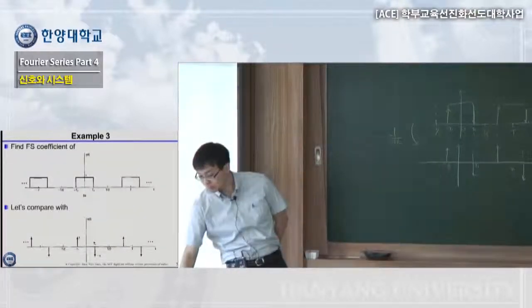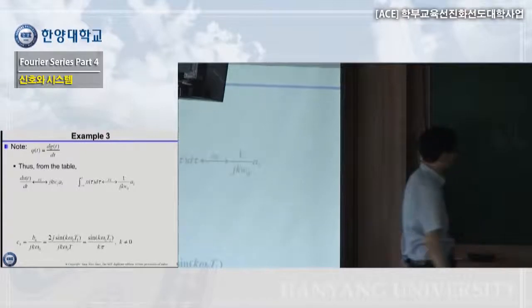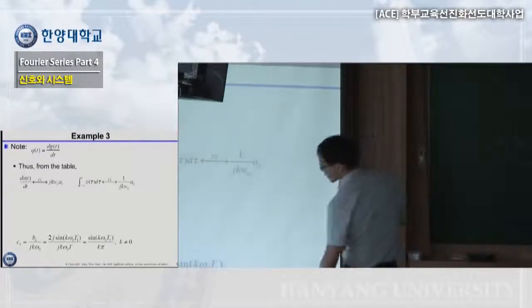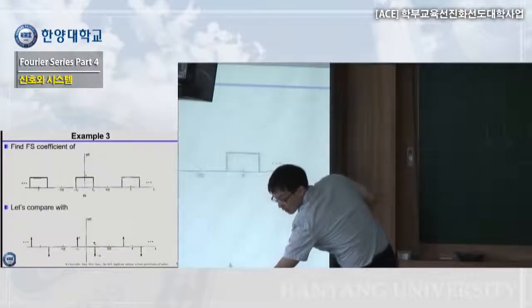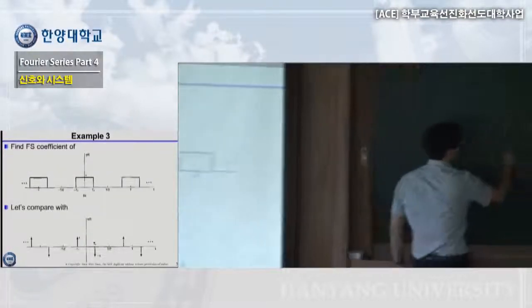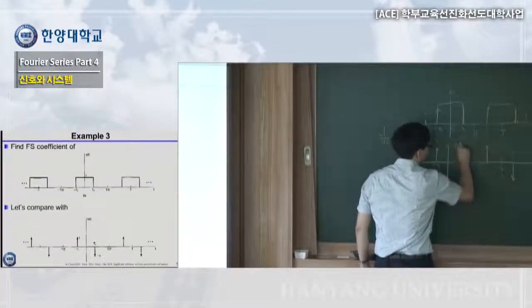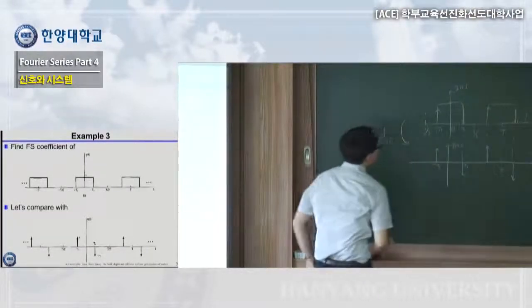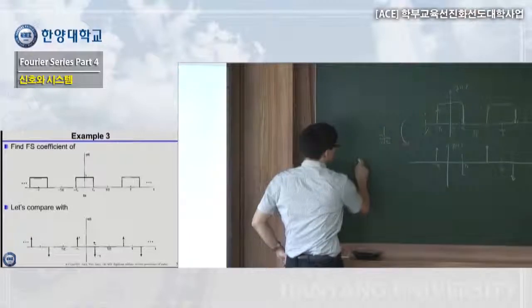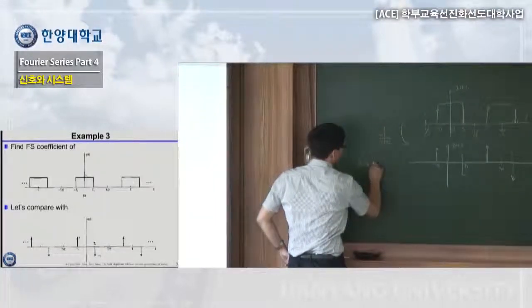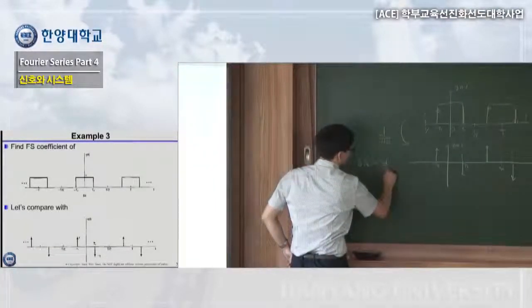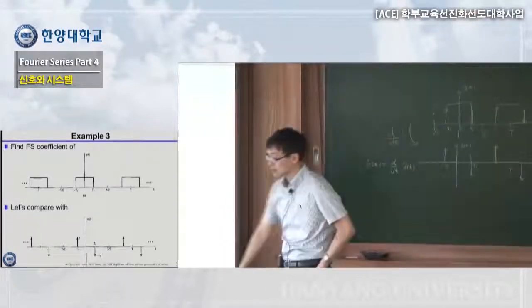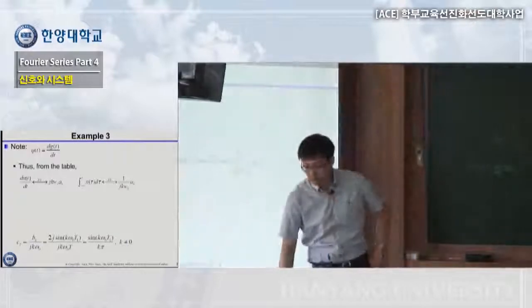So in short, say this is q(t) and this is g(t). We can consider that q(t) is the derivative of g(t). Something like this.